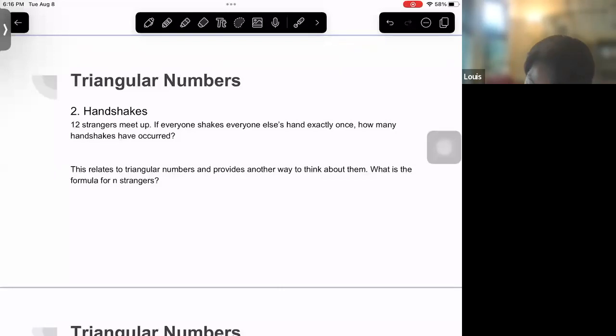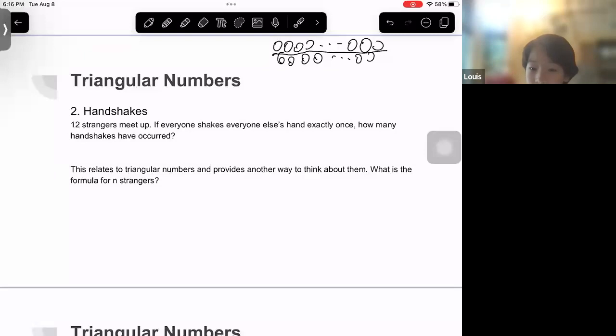So the first person shakes hands with n of them. The second person shakes hands with n minus 1 of them, because the second person has already shaken hands with the first person.